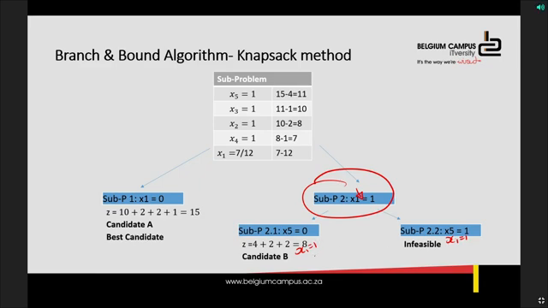Let's say candidate B was not actually a candidate, and you had to make subproblem 2.1.1 and subproblem 2.1.2. You would continue doing x1 equals 1 for both. What else would stay the same for both? x5. Perfect. x5 would stay 0 for both because we said it's 0 from this specific branch.